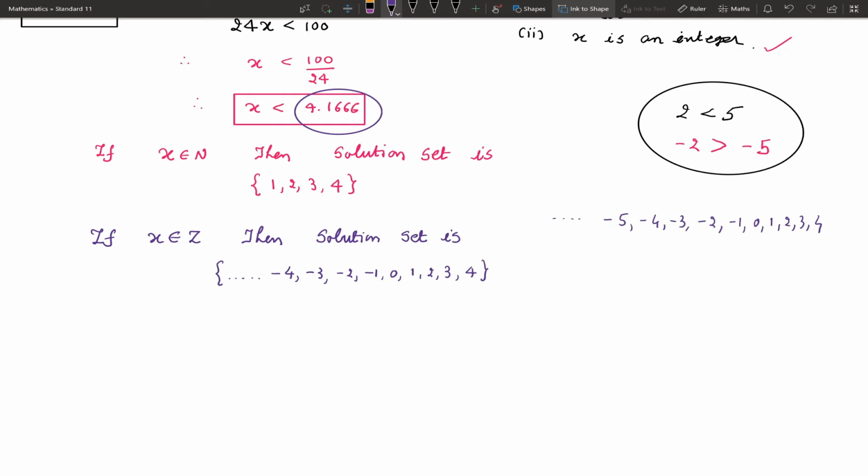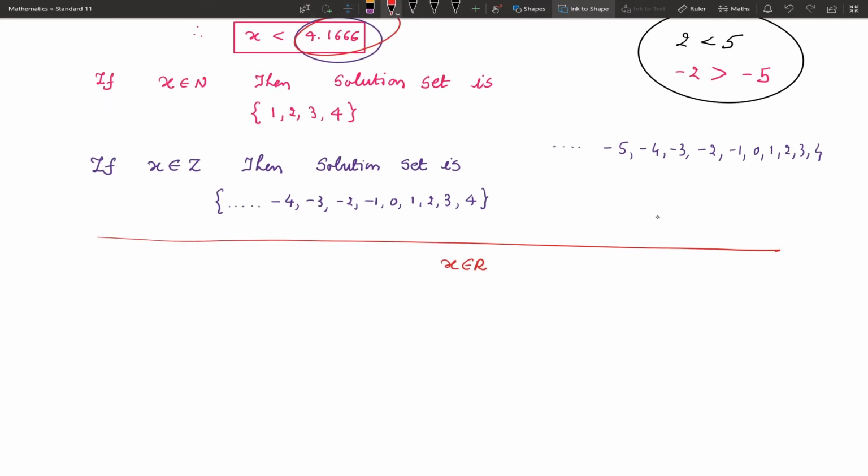So here the question is over, but if we want to solve the same inequality for x belongs to R, real numbers, then all real numbers which are less than 4.166 are solutions. So you draw the real line, from minus infinity to plus infinity.